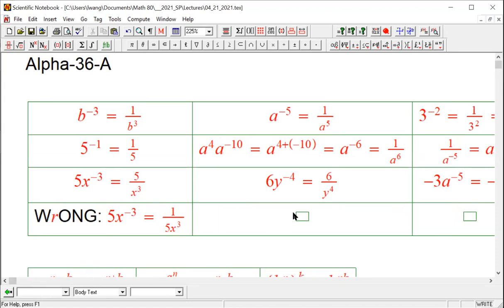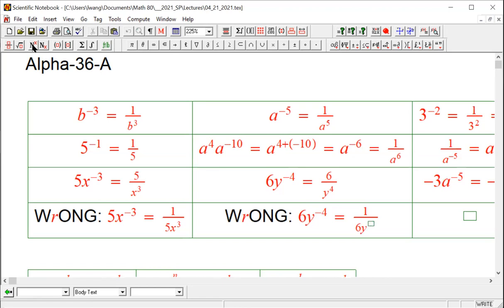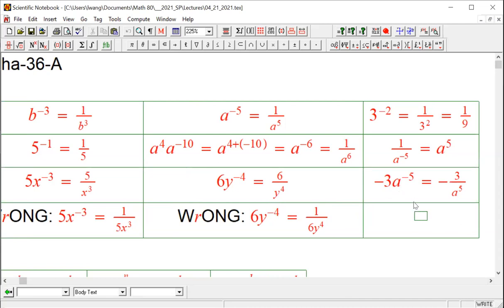Okay, be very careful. The 6 doesn't go under. So let me point out the wrongs in here. This will be wrong. And over here, there are all kinds of wrongs.